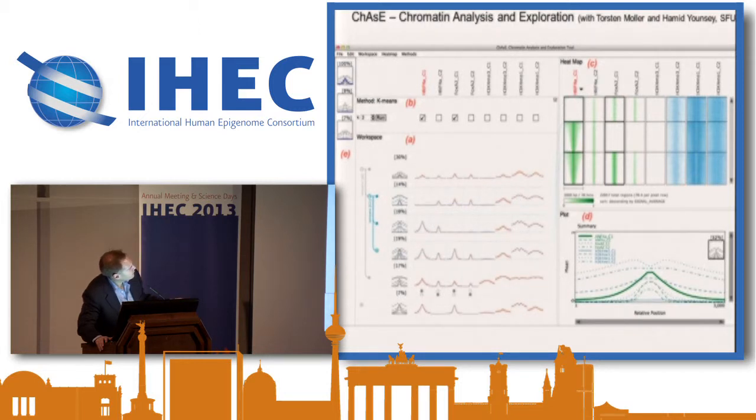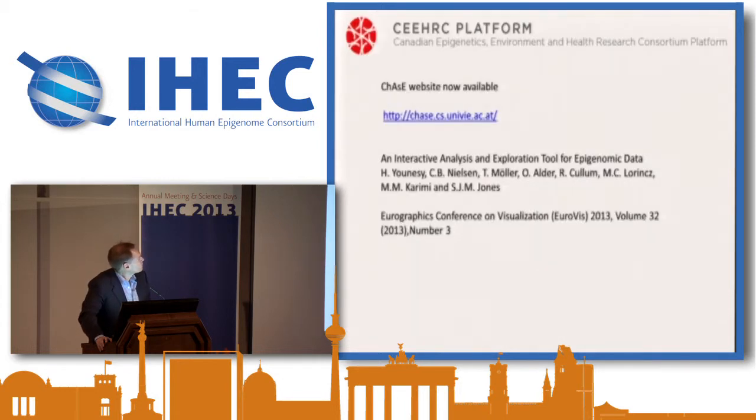We can blow up here, and we can see, for instance, that across a different feature, the relative position, there are some differences in the way that the marks accrue, or some similarities. Again, that could be very biologically informative. We did publish this approach, and there's now a website with that software available as well.